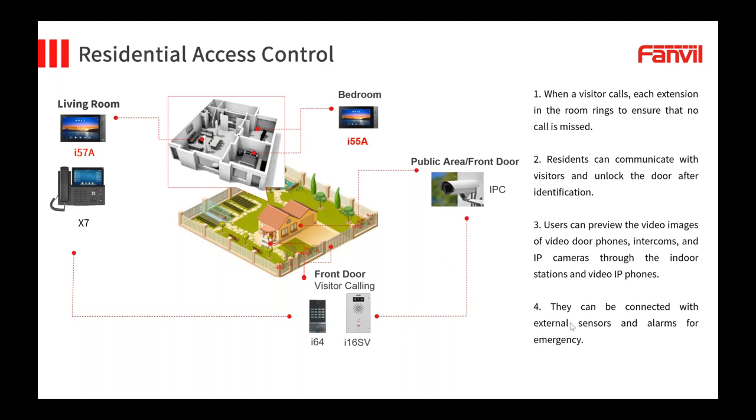And more, they can connect it with external sensors and alarms for emergencies, such as smoke sensors and door magnets, etc. And you can freely choose some security products you already own to supplement this residential access control solution.